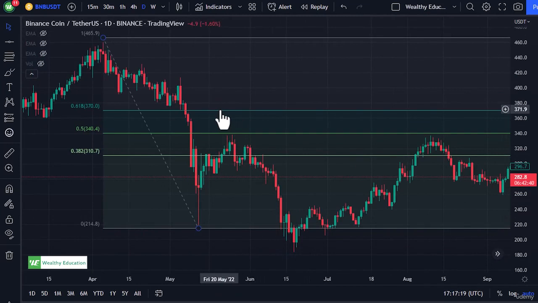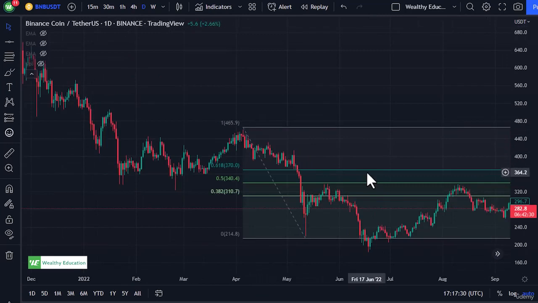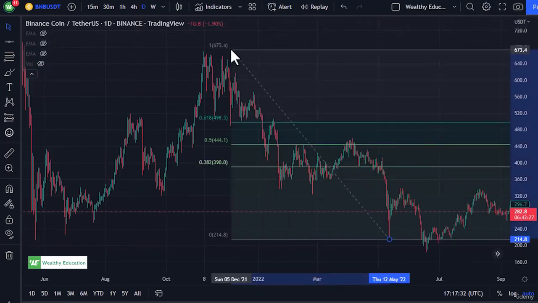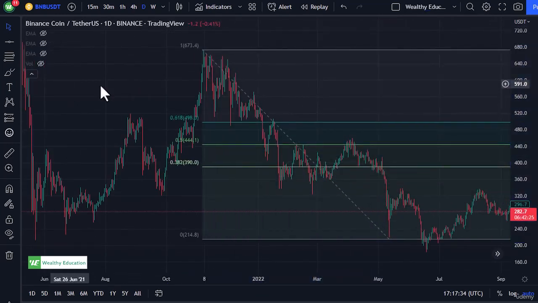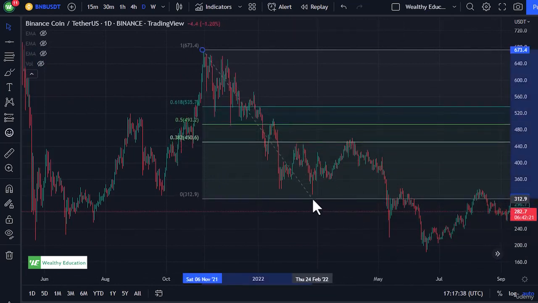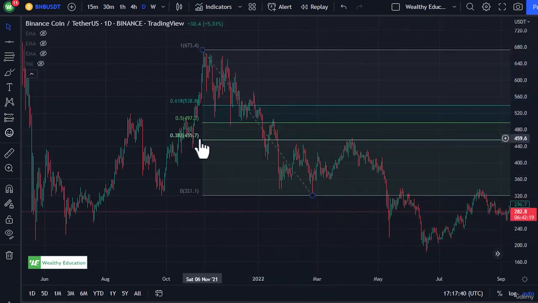Where do you put your stop loss? Some would put it directly behind the Fibonacci level. Some would put it behind the one above it. This is thought of as dynamic support and resistance. The mechanics of it don't really matter. It just gives you an idea. Like from here, the 38.2% is here, and we continued.